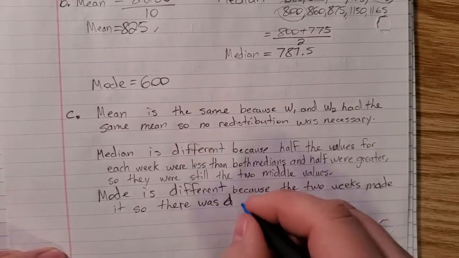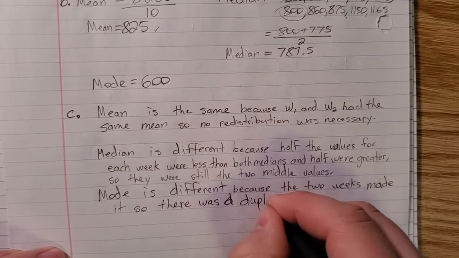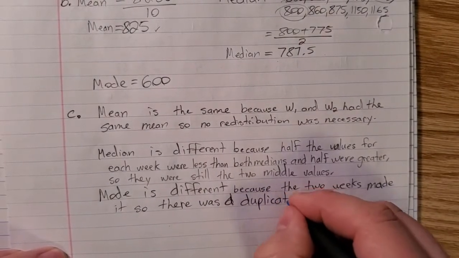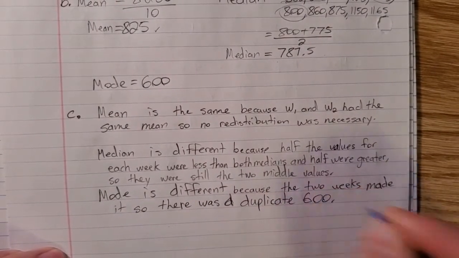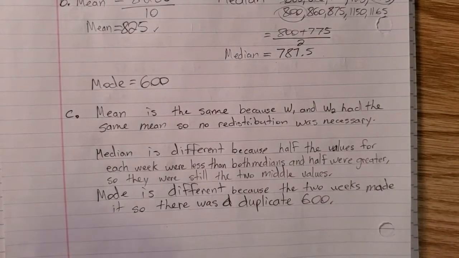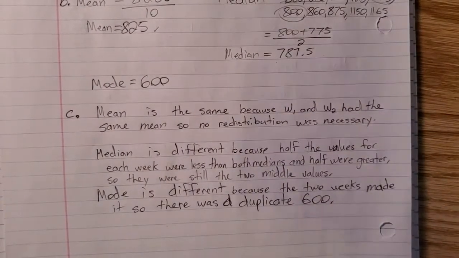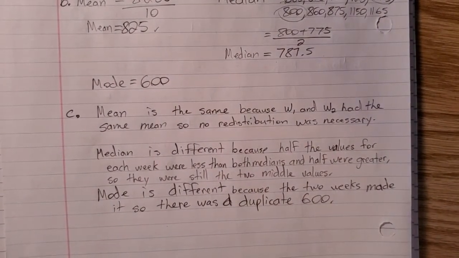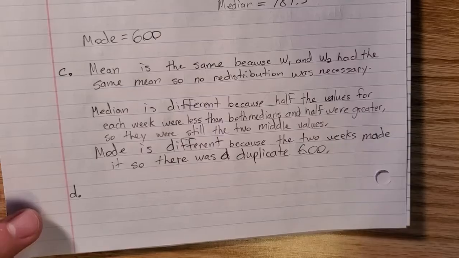There's another way to word this, I'm sure. Skipped an A again. Which made this 600 the most common. Before there wasn't any that was 2. That's why the mode has changed from no mode to 600.